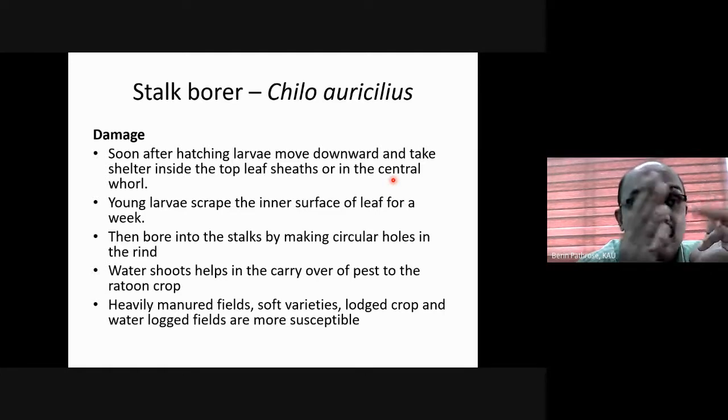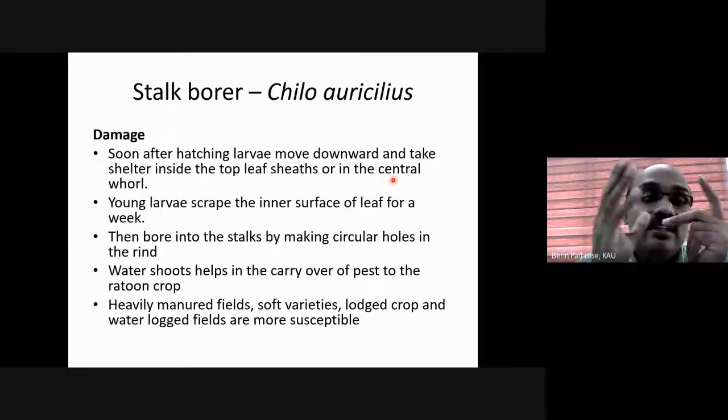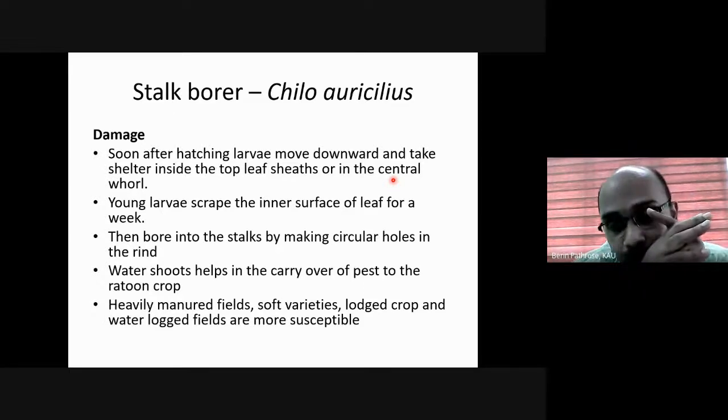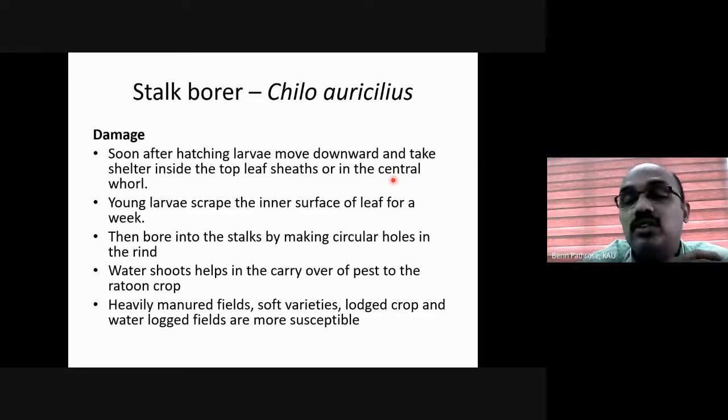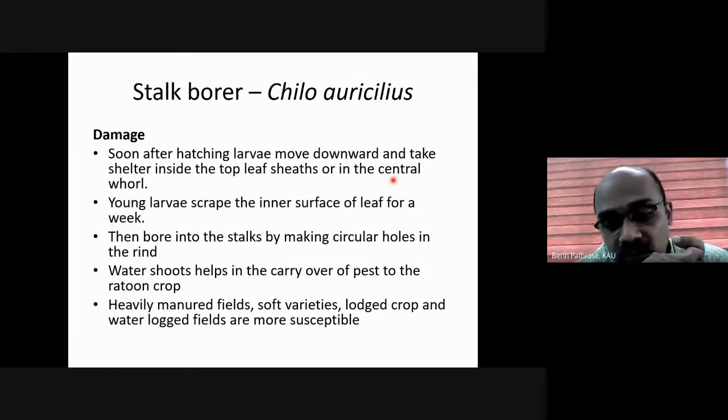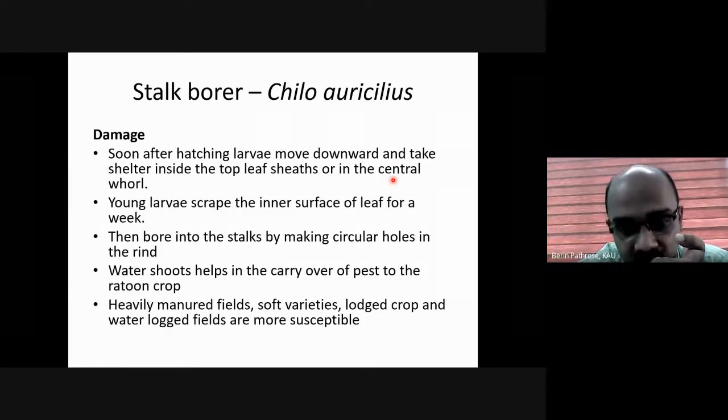Waterlogged conditions, lodging of the canes, heavily manured fields, as well as soft varieties. If the rind is soft, all of these favor Chilo auricilius infestation.